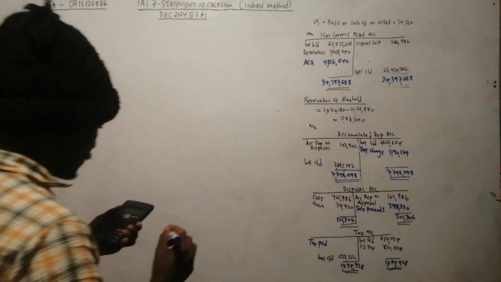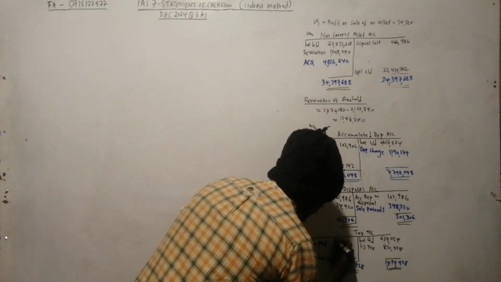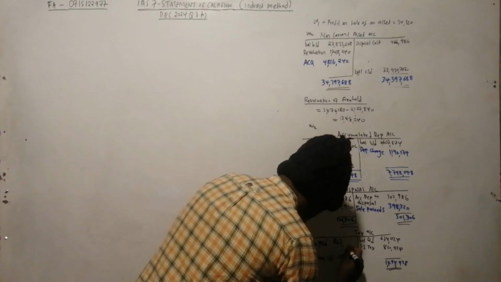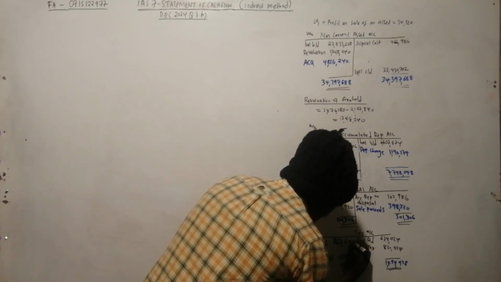To get the balancing figure, it will be minus 627,250, which gives 867,698. That is the tax paid, which will go to the cash flow statement. I think we have completed the workings. Now let us prepare the cash flow statement.